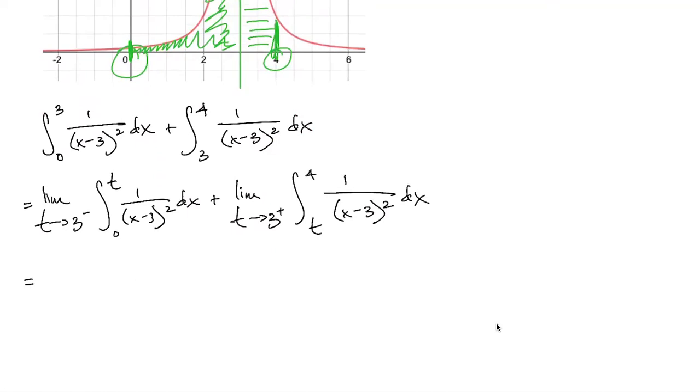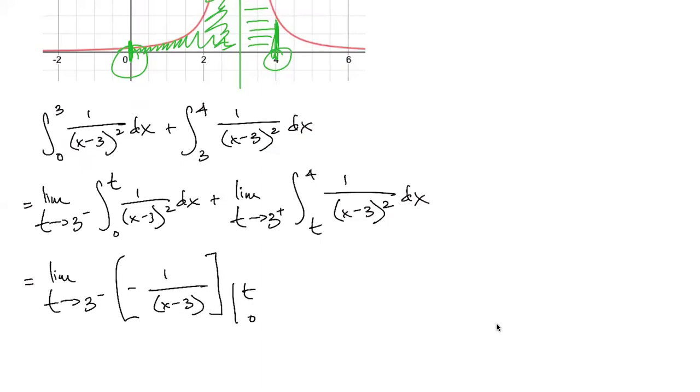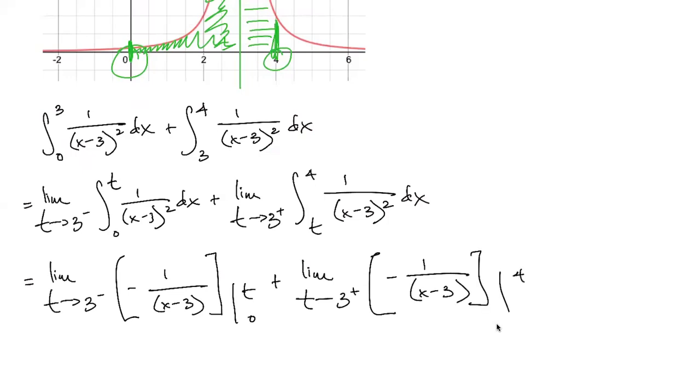Now this was an integral that we saw back in 10.3. So I'm not going to go through the work again, but we'll just jump straight to the actual integral, which is going to be negative 1 over x minus 3 to the first power, plug in t, plug in 0. And then we're going to do the same thing over here. And the nice thing about splitting the integral is the antiderivative's the same. So once you do it one time, you don't have to do it again. And we're plugging in 4 and t.